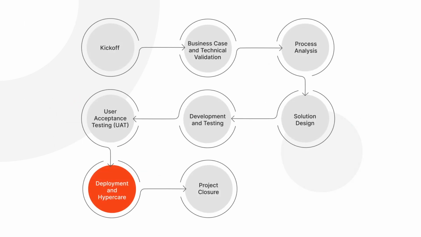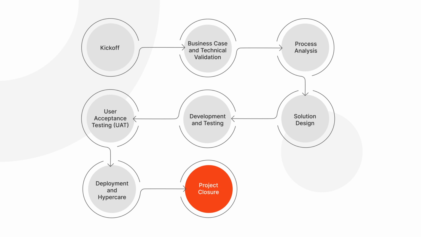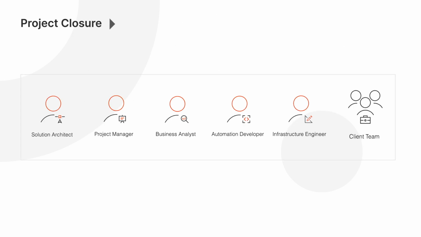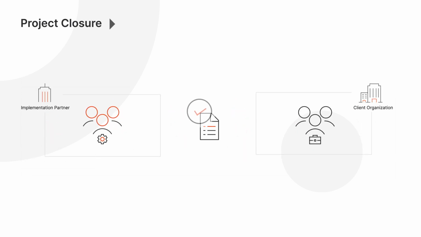After giving complete control over the automation process to the client, we arrive at the last stage of the implementation, which is project closure. Everyone from the automation implementation team and the client team is involved here. The implementation team confirms whether all services have been made as per the contract of agreement, and a handover process takes place for the management and the long-term support of the developed automations.